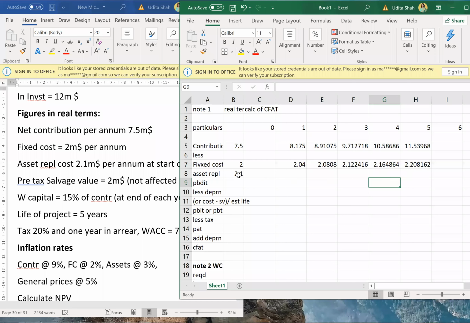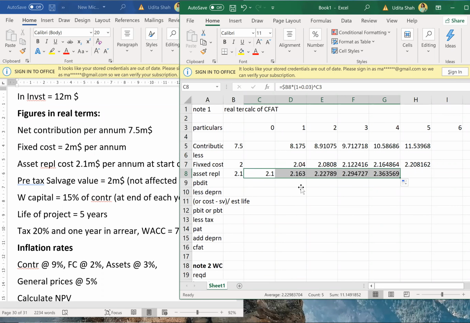That will be $2.1 million into, what is the inflation for asset? 3%. So 1 plus 0.03 raised to this. So that is my year 0 to 4, because asset replacement is at the start of each year.